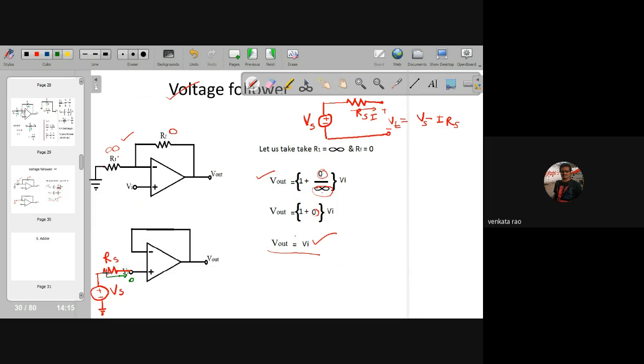So the drop across this resistance is also 0 volts. So the voltage at this point Vi is equal to Vs. The output voltage is nothing but Vi, because it is a voltage follower, so it is nothing but Vs. Earlier, we had Vs minus something, we were losing something. That was a practical voltage source. Now we can use this as an ideal voltage source.